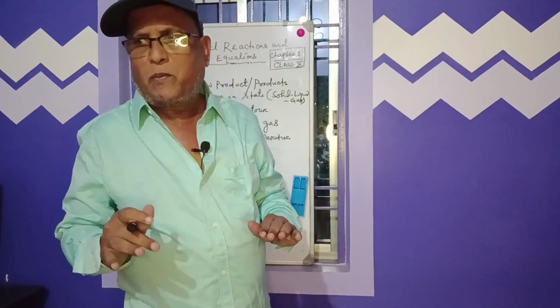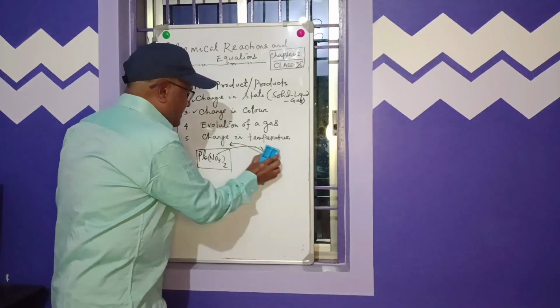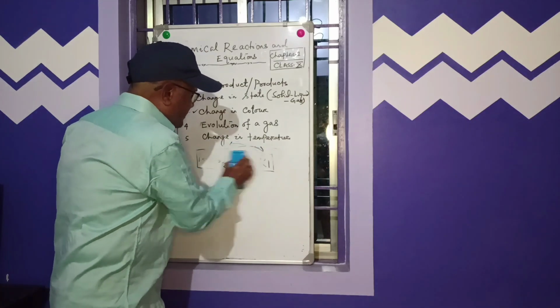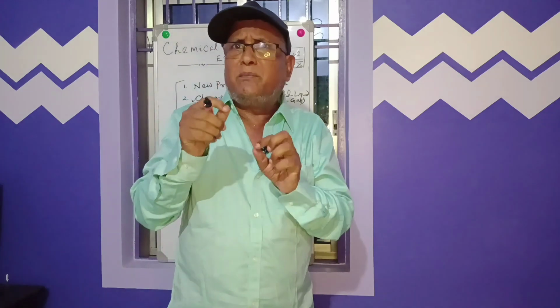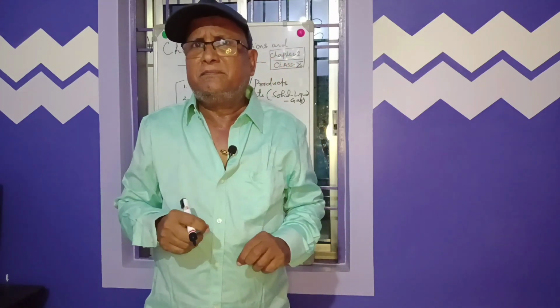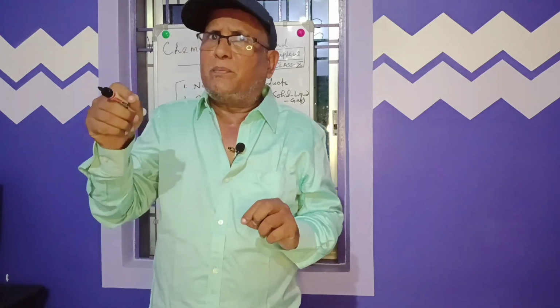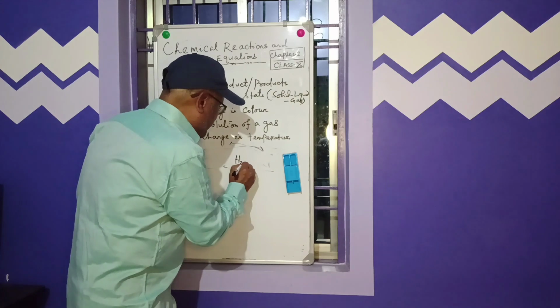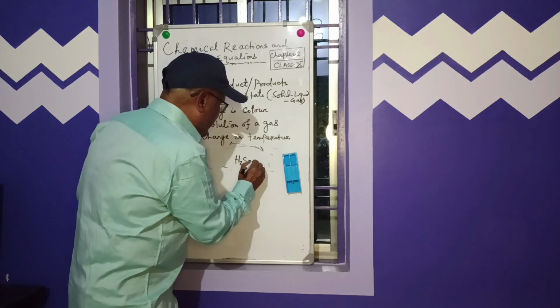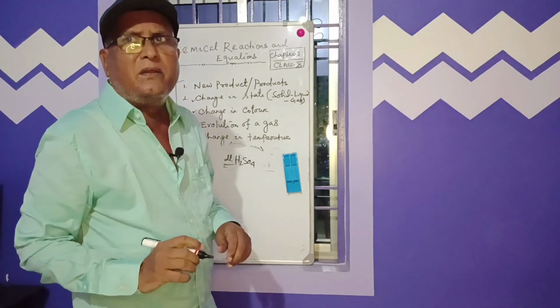Then please come to the third activity, that is 1.3. Please refer to your textbook. Let us take a conical flask and take some zinc granules and add dilute sulfuric acid, that is H2SO4, dilute sulfuric acid, to it.